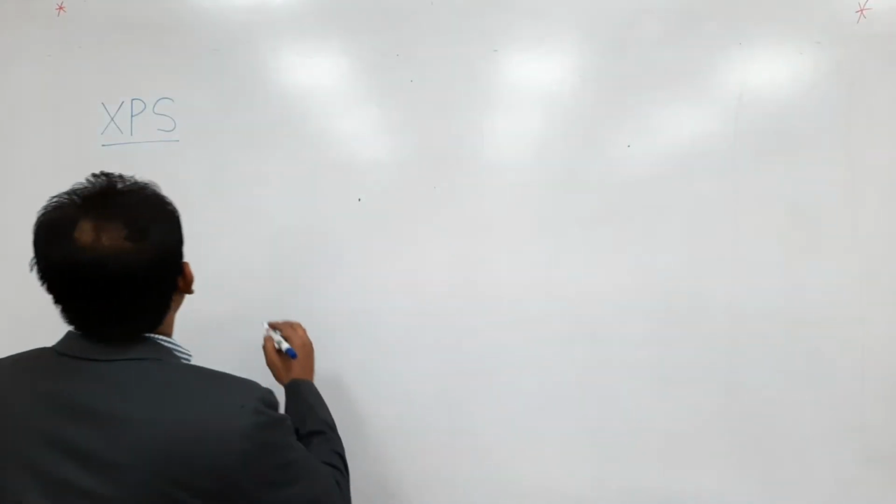Today we have X-ray photoelectron spectroscopy to discuss. This technique is also used for structural and surface analysis. It is also called a surface chemical analysis technique, or chemical analysis technique.